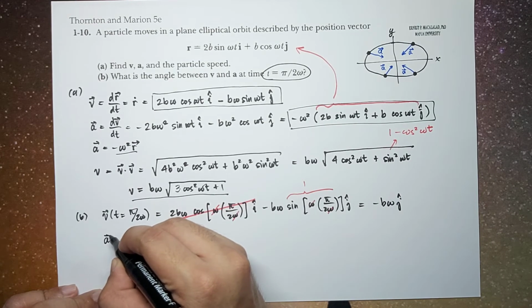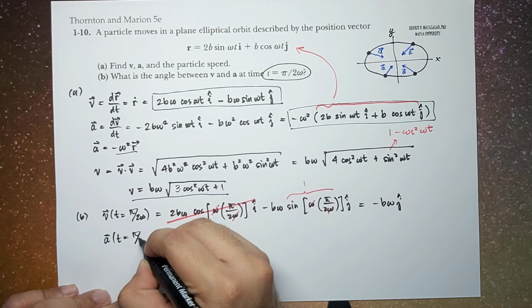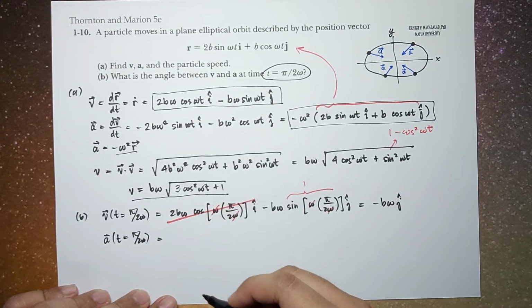On the other hand, for the acceleration at time equal to pi over 2 omega, we just substitute this again.